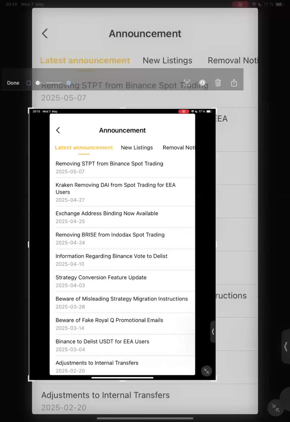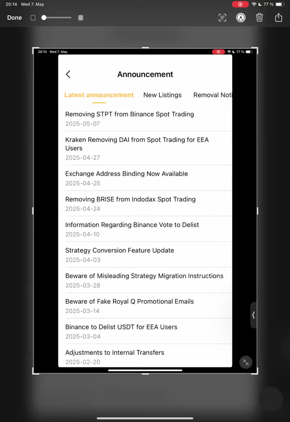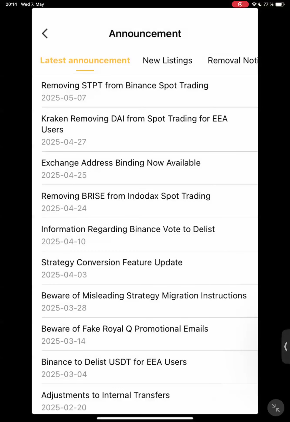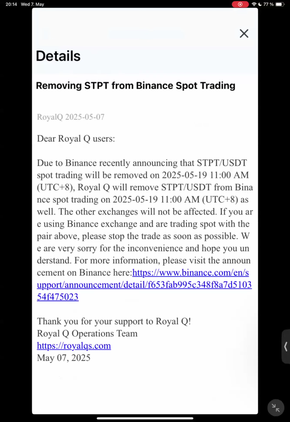Under the announcement tab, we have three different types of messages: latest announcement, new listings, and removal notice. So the latest announcement is, for instance, if RoyalQ wants to announce a message to us, we get it under latest announcement. As well as if there are new coins that have been added, we still get it under latest announcement. Then if they are removing a coin, we will still be informed there.